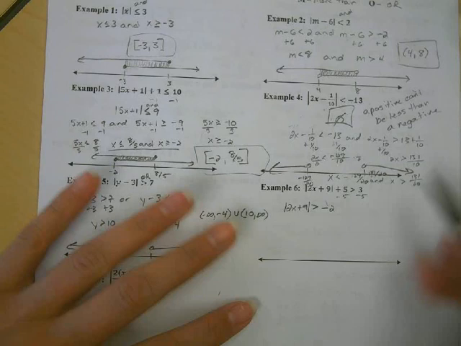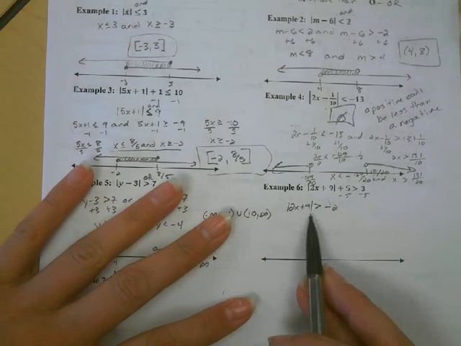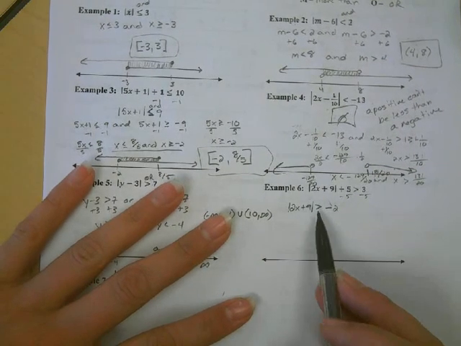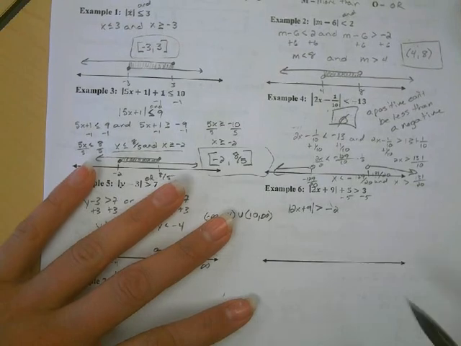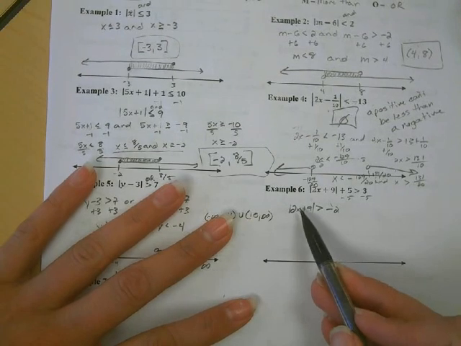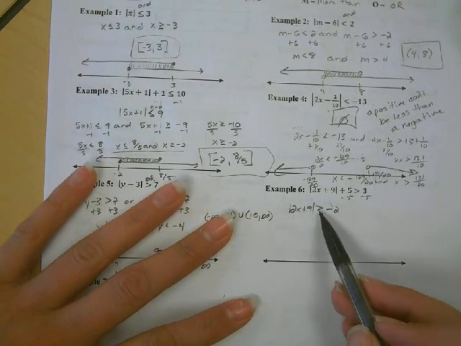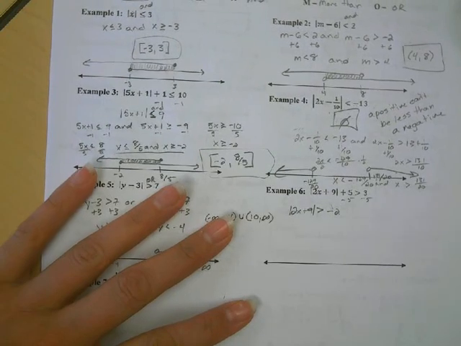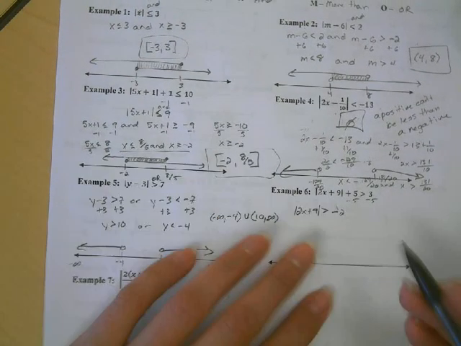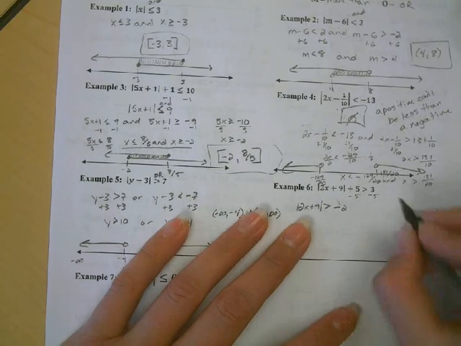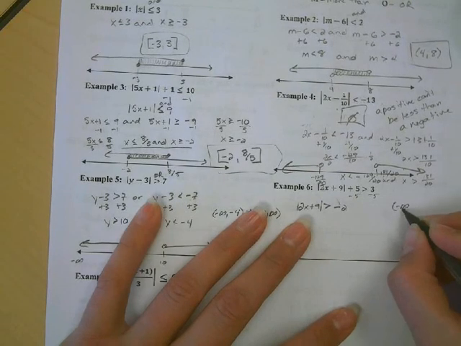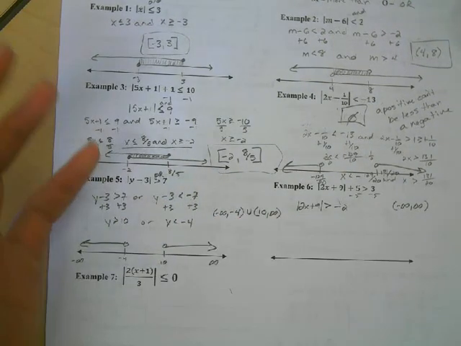So here, this says that the absolute value of whatever this is is bigger than negative 2. Well, same thing: absolute value has to be positive. A positive number is always bigger than a negative number. Always. So in interval notation, this one's going to be negative infinity to positive infinity, or all real numbers.